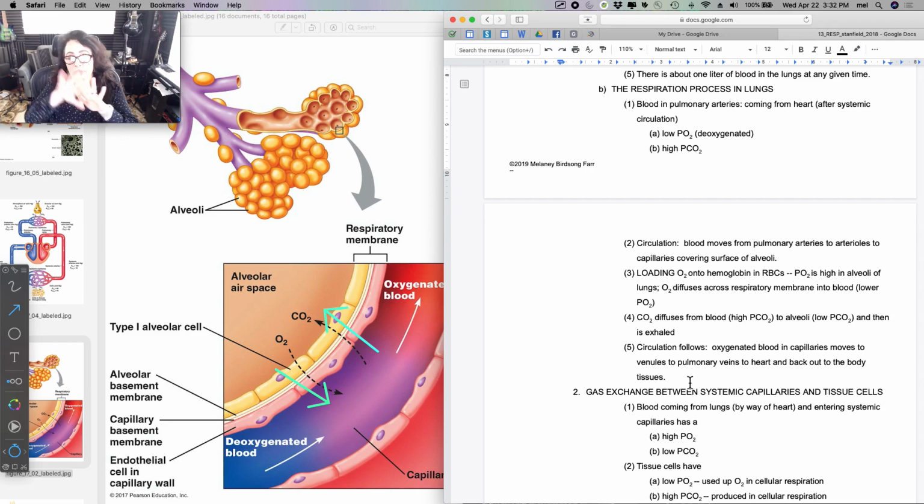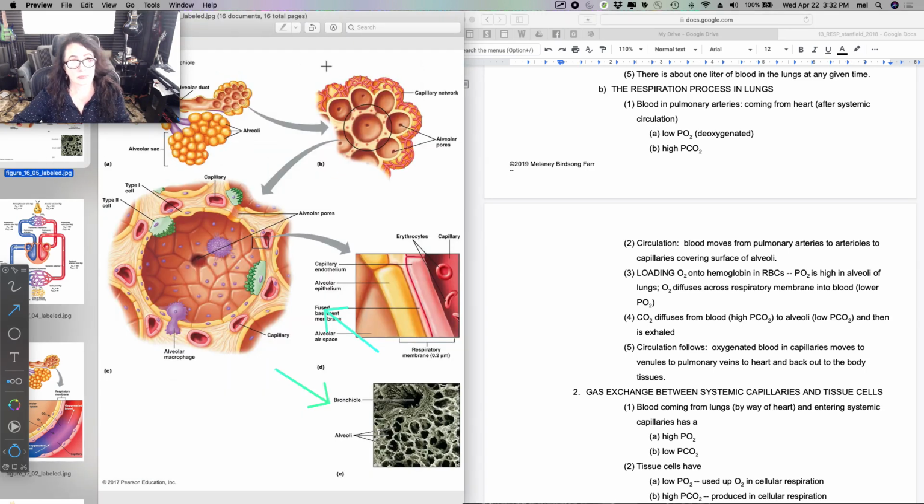And so the circulation is going to move the blood from the pulmonary trunk to the pulmonary arteries to arterioles, capillaries, all the way down to those capillaries that are covering the surface of each of the alveoli. And as the blood moves by the alveoli, things are going to move down their partial pressure gradients. And then I'll talk about this in more detail later.